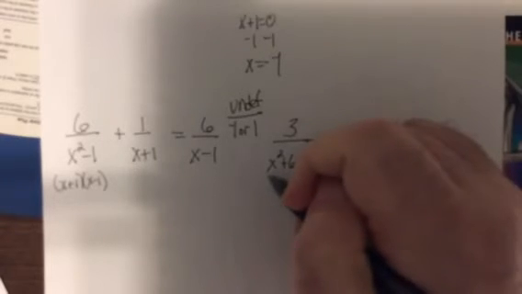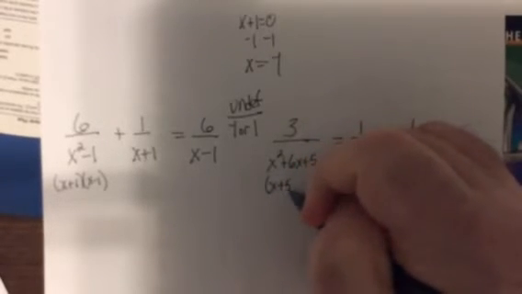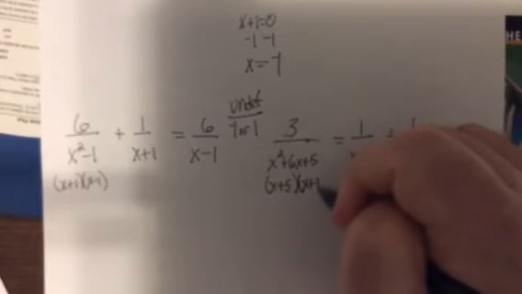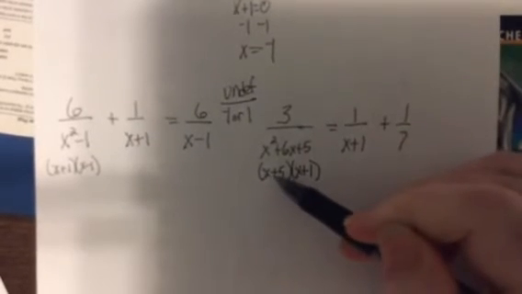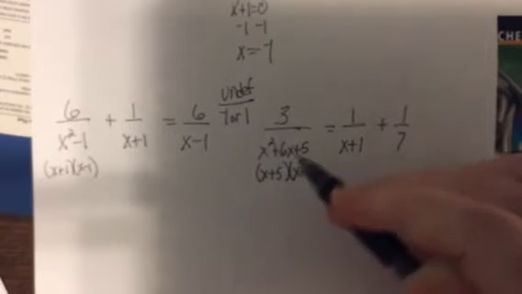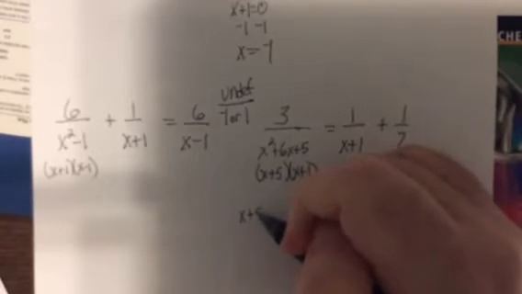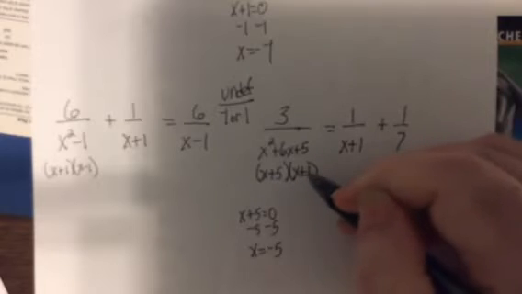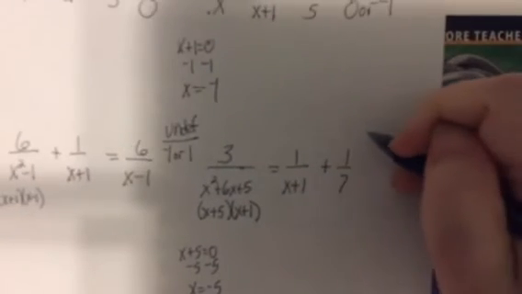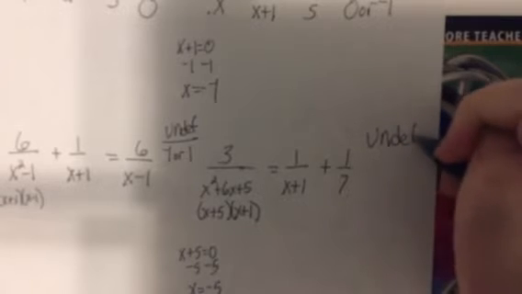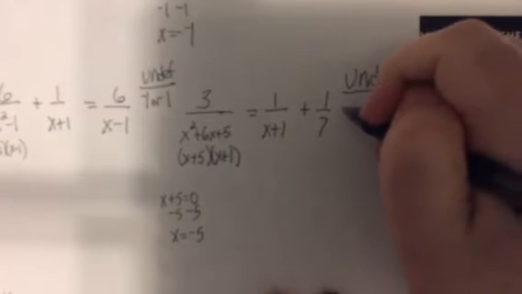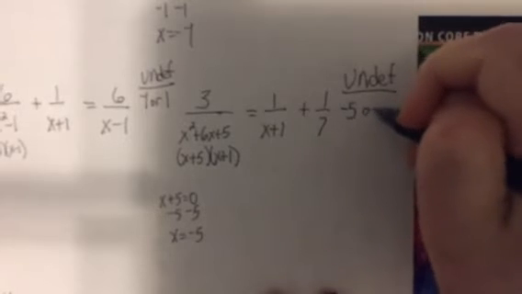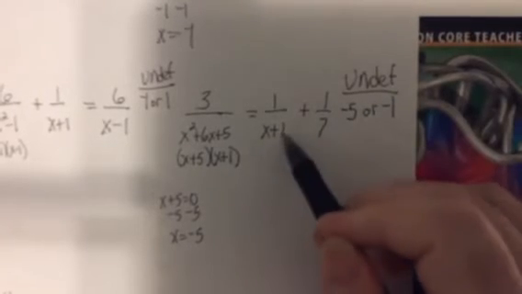So this one factors to x plus 5, x plus 1. What plus 5 is 0? Or if you need to, x plus 5 equals 0. When does that happen? When x is negative 5. What plus 1 equals 0? When x is negative 1. So you've got to put a little reminder for people. Look, when we're solving this, we cannot let x be negative 5, or we can't let x be negative 1. Now, this one is already shown, so we already found it.